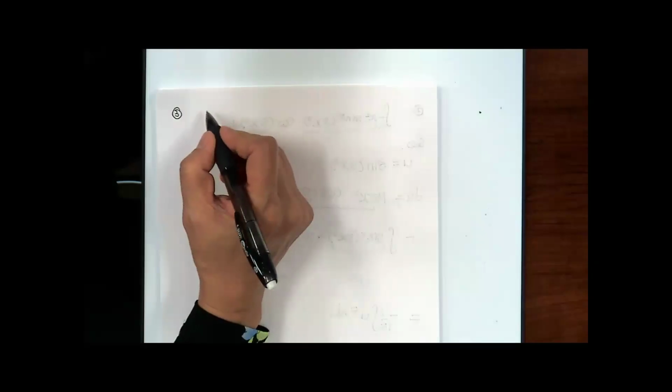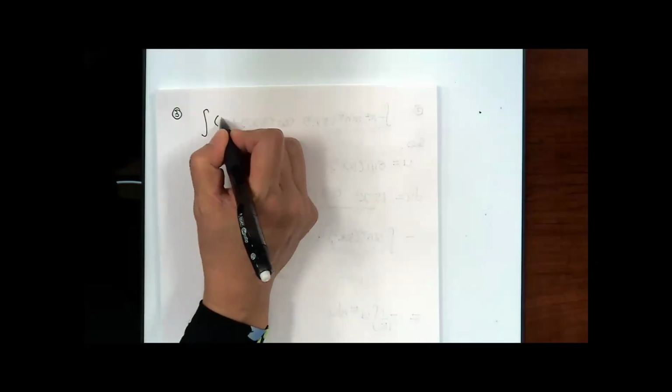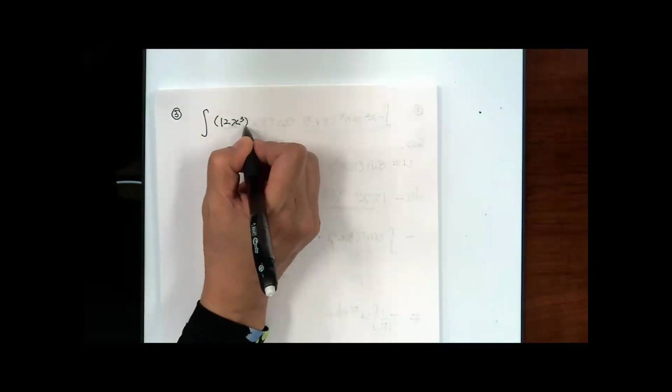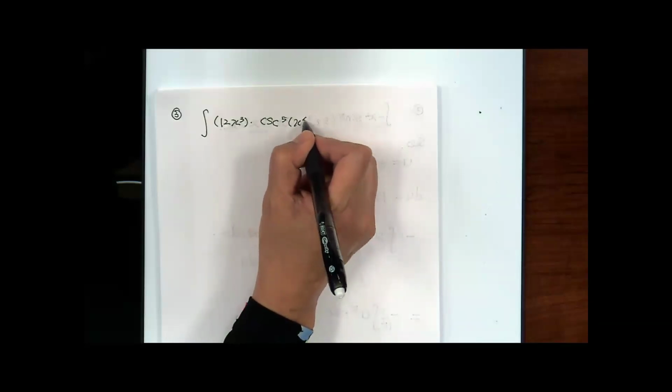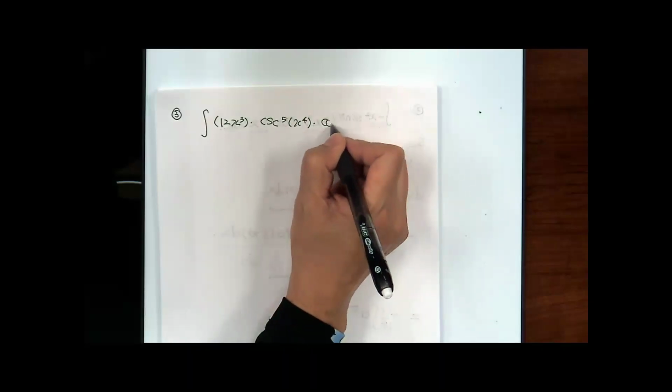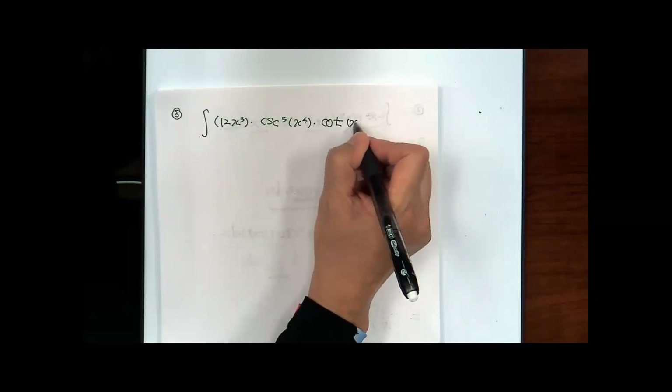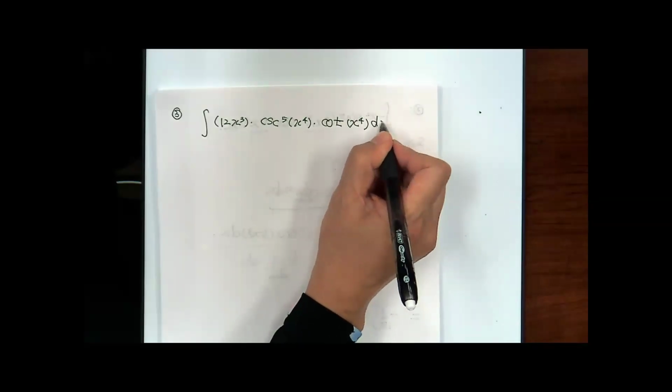The next problem is integration 12x cubed times cosecant to the 5th power of x to the 4th power times cotangent of x to the 4th power dx.